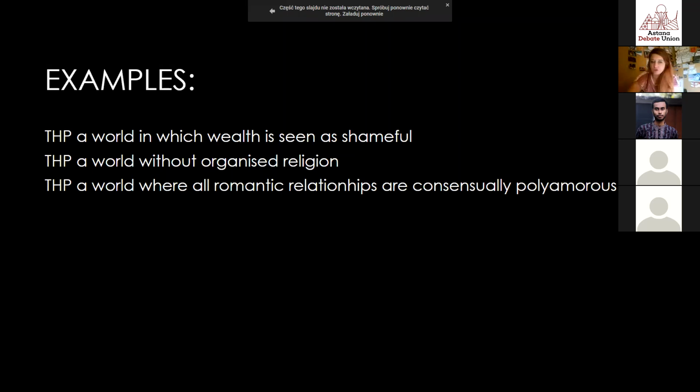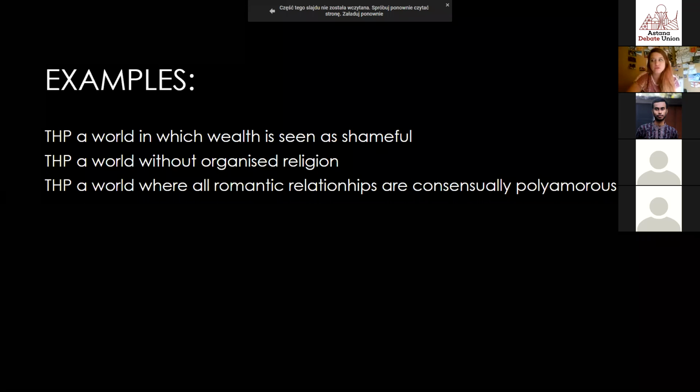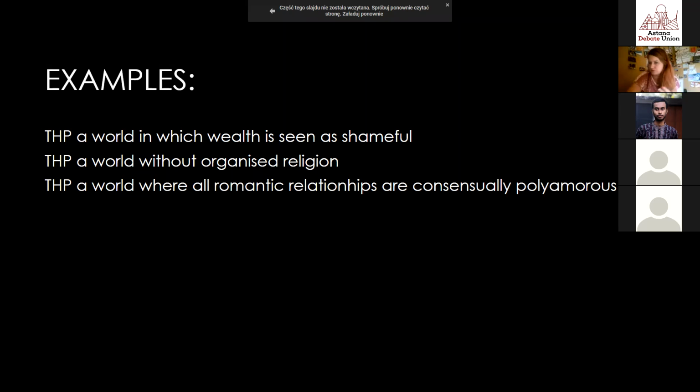This House prefers a world where all romantic relationships are consensually polyamorous. Explain how this consensus will happen, how that changes the status quo, how people perceive polyamorous relations now, what generates the problems, and why all romantic relations should follow that trend.